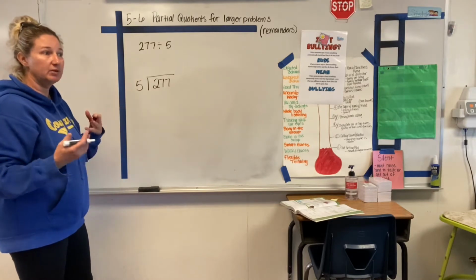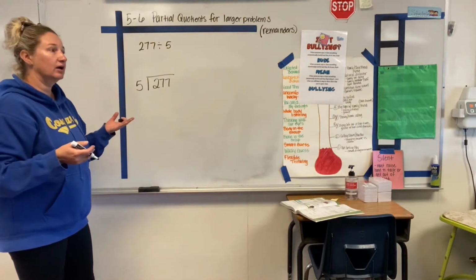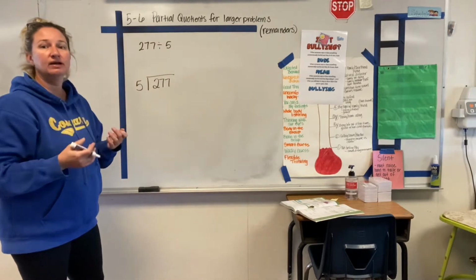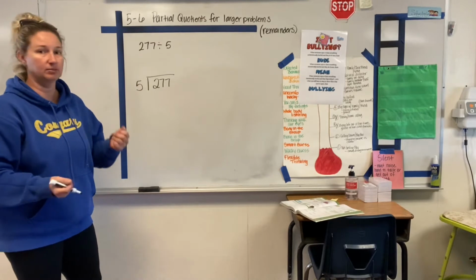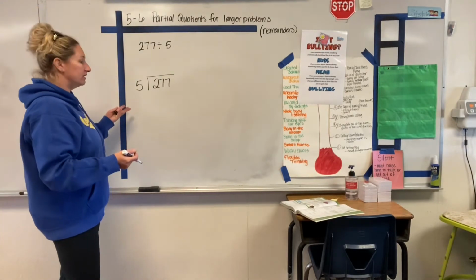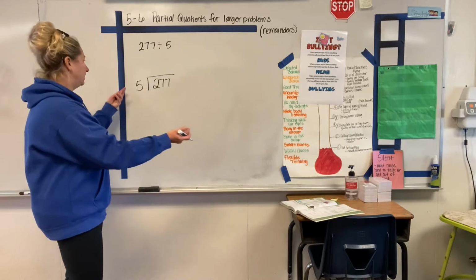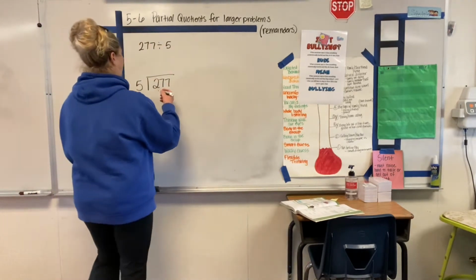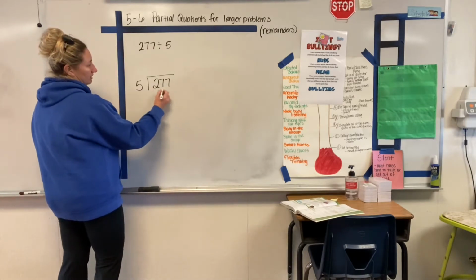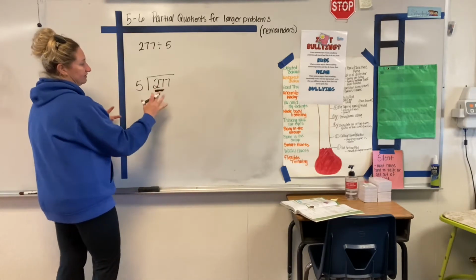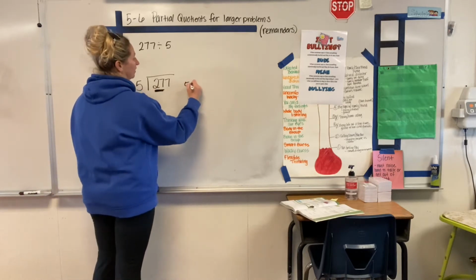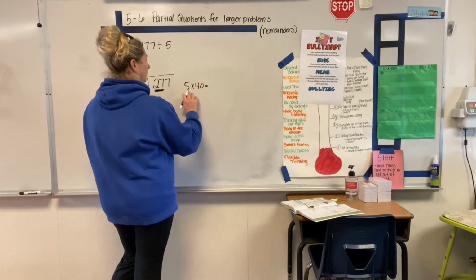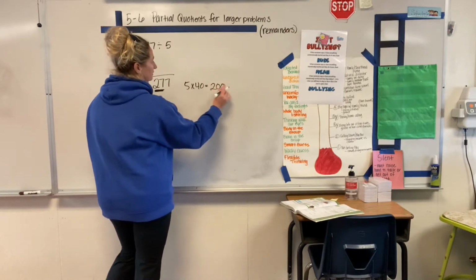Remember when we do partial quotients, you can just keep adding on more answer as you get closer to the final number. So they start off estimating 5 times 40, because they're looking at 27. 5 times 40 would be 200.